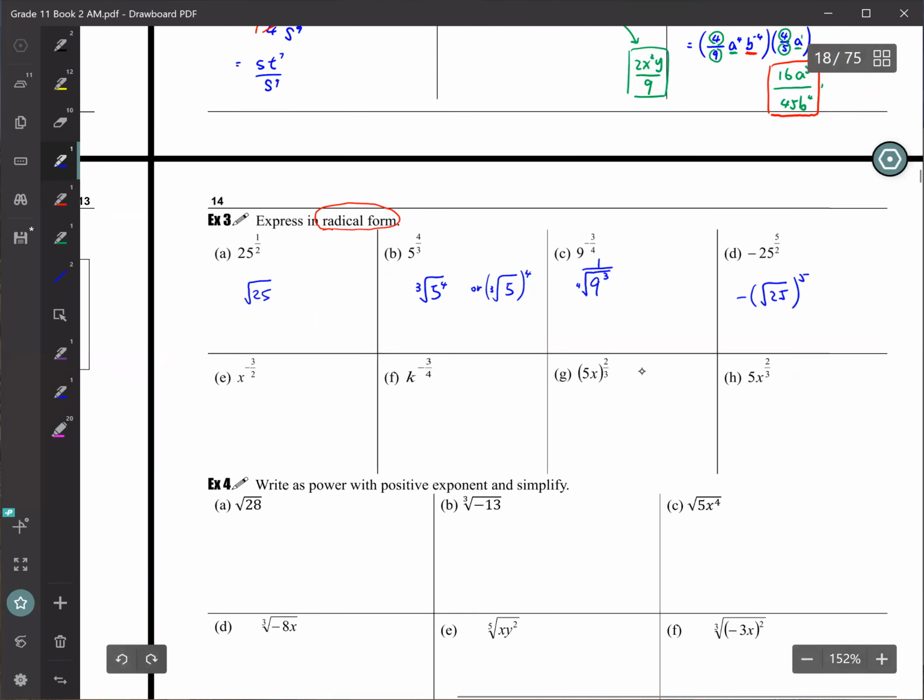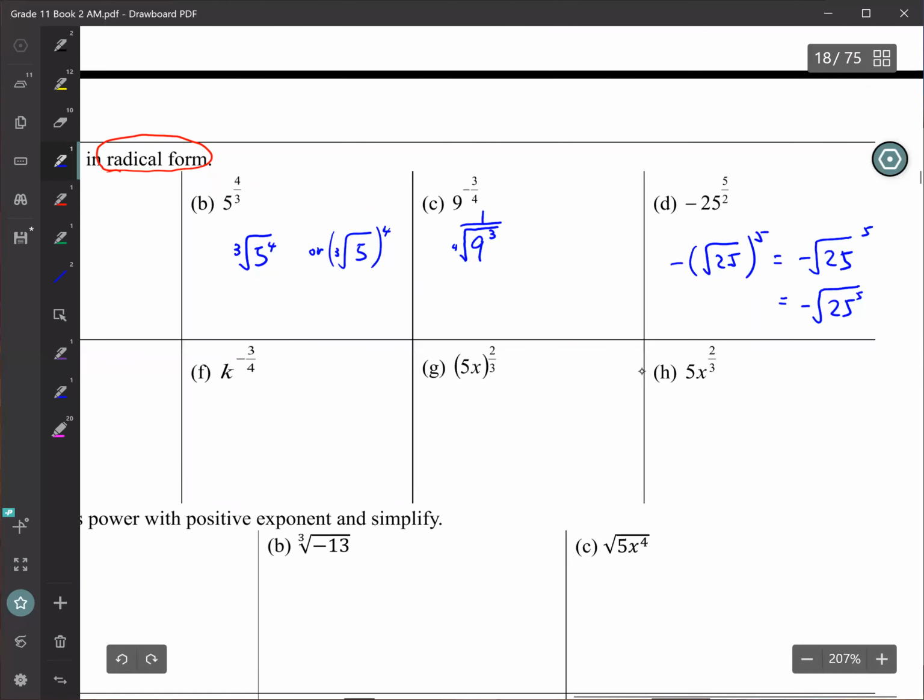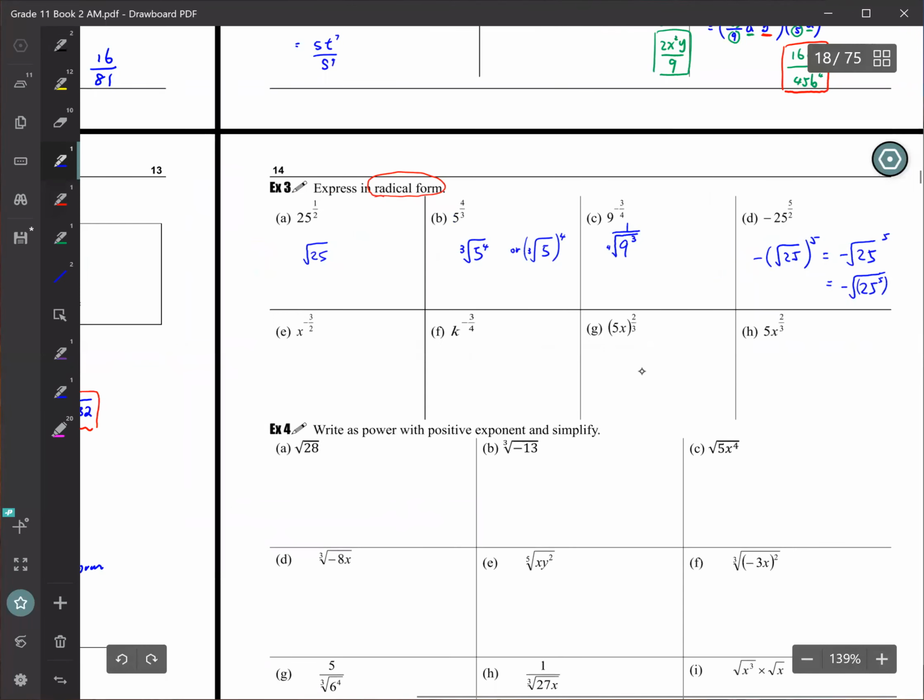You could also leave it as negative root 25 to the 5. That's one way to write it. Or you can write it as root of 25 with the 5 inside. You can put it outside or inside, so with any of the 3 you'll get the mark. I'm just showing all the different ways because maybe some of you do it differently.